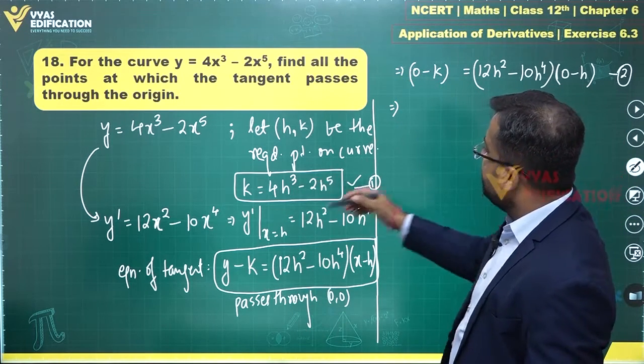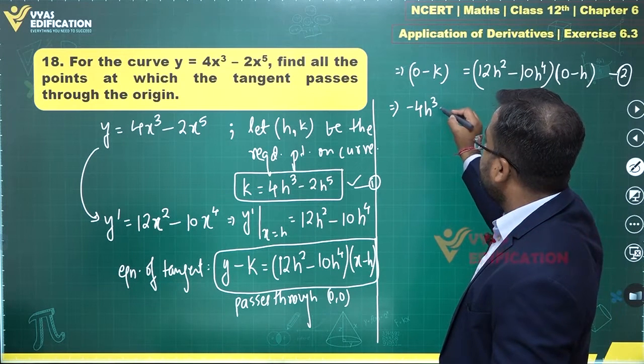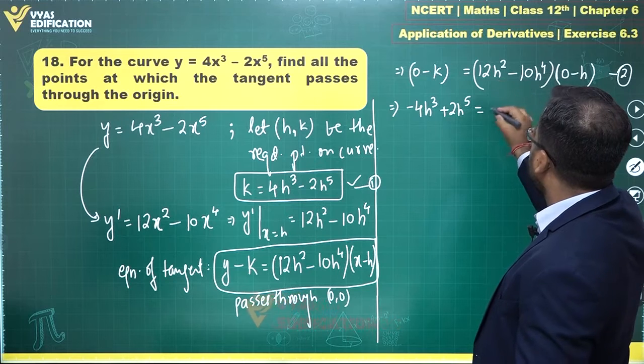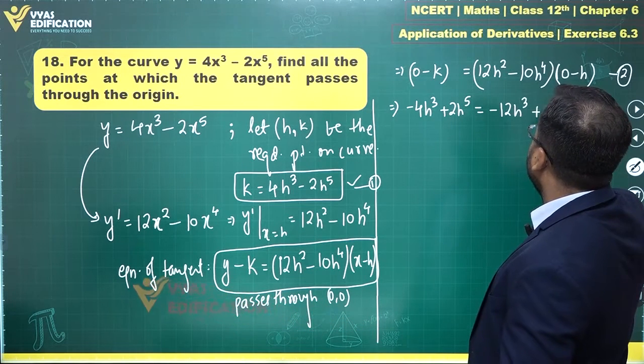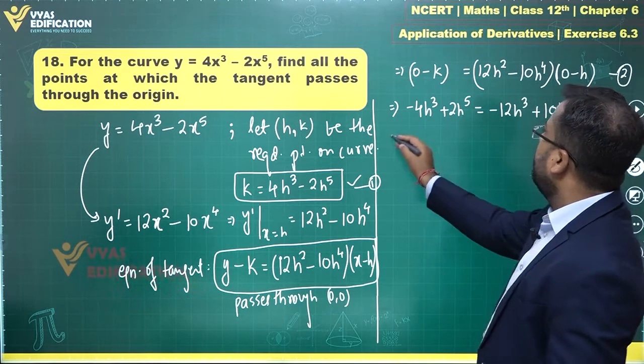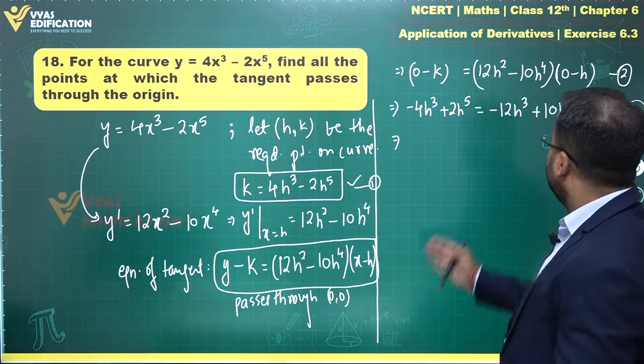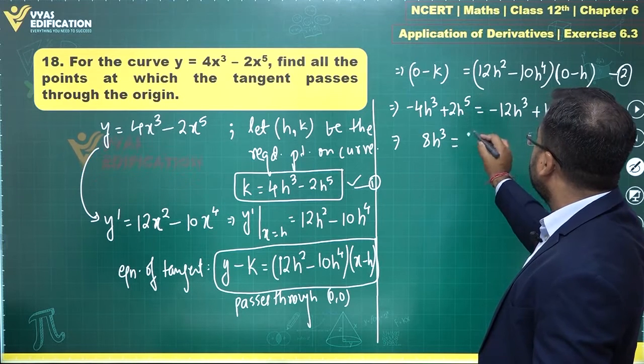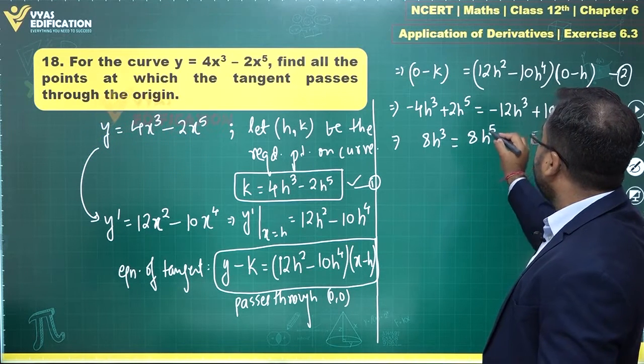Yes. So minus this, minus 4h power 3 plus 2h power 5 is equal to what? This is minus h times, minus 12h power 3 plus 10h power 5 is what I get. Let's rearrange. Minus 12h cube comes over here, this becomes 8h power 3, this 2 goes over there, this becomes 8h power 5.